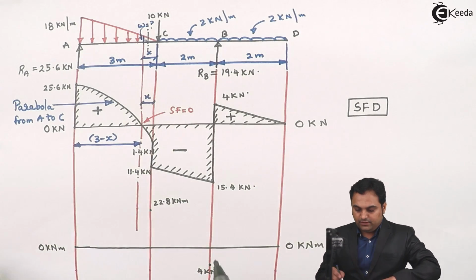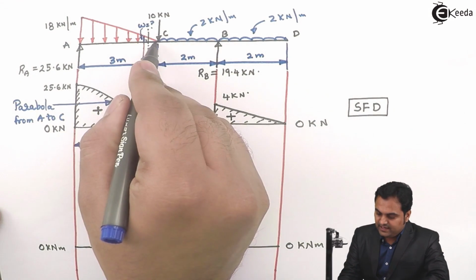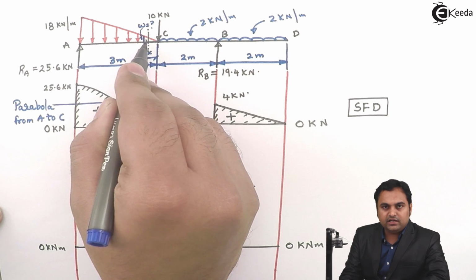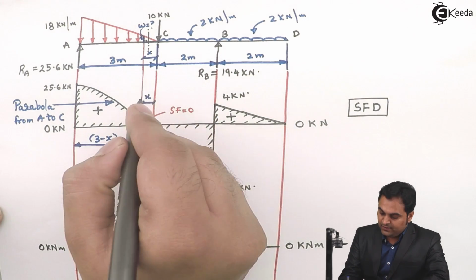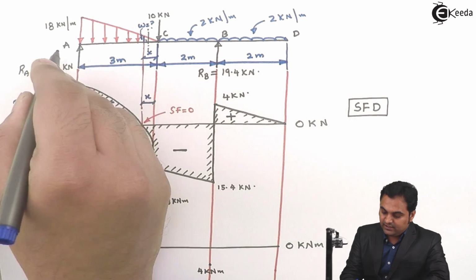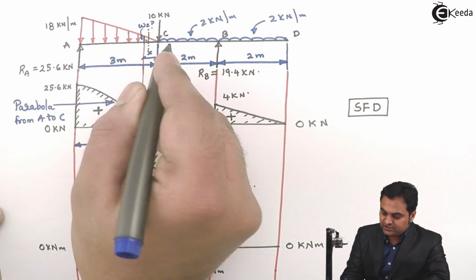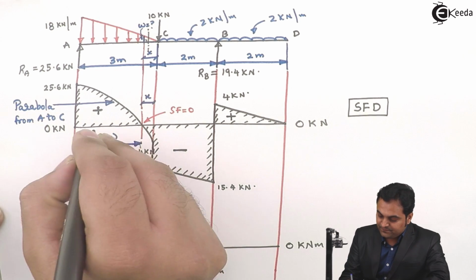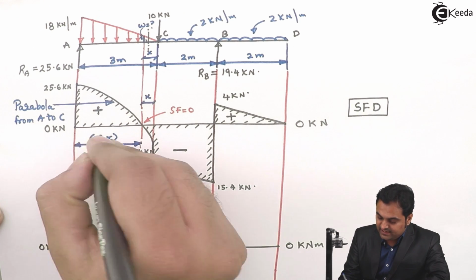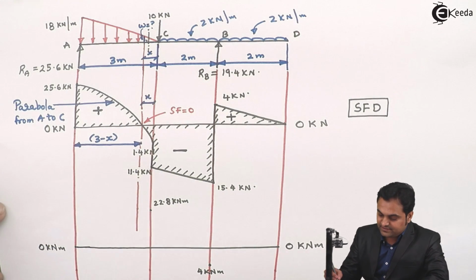Now here, as I have located with respect to C, I have given the distance x, but here I'll make a small change. Instead of taking it from C, I'll take the distance x with respect to point A. That is, here we are having 3 minus x. I will replace this and make this distance as x.